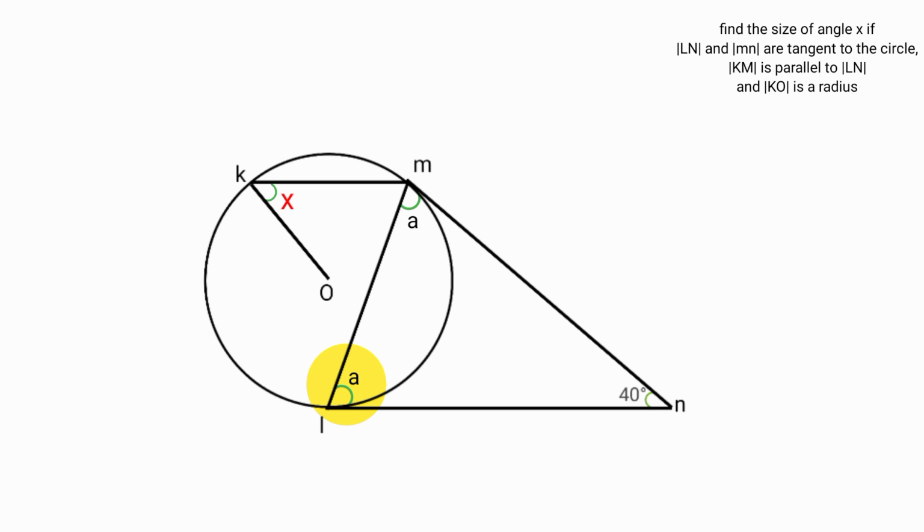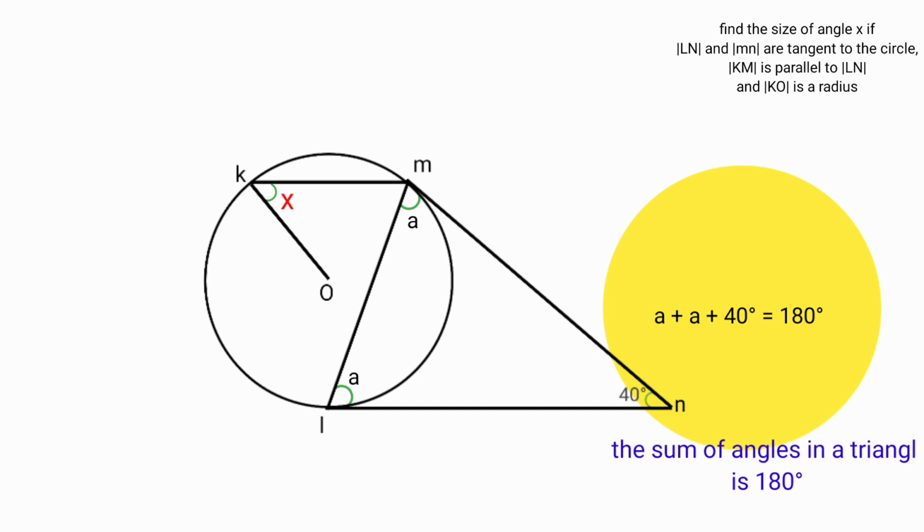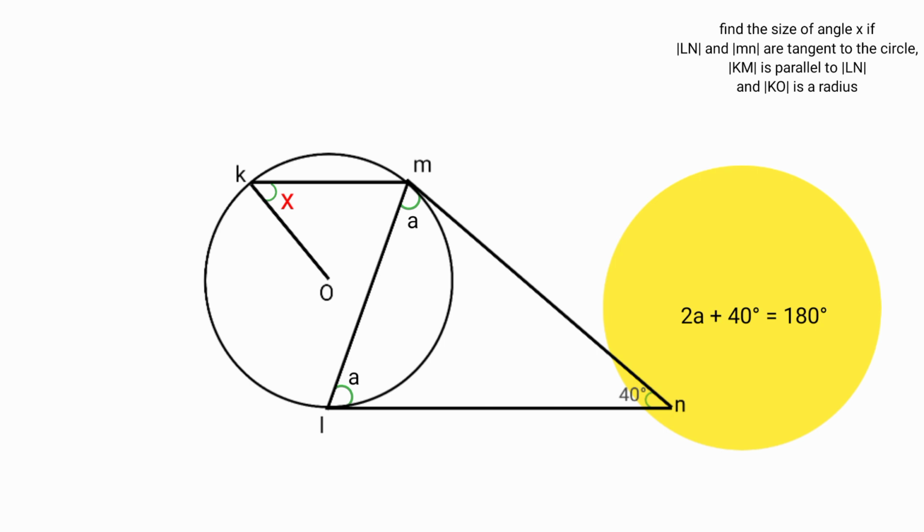Now since we know that the sum of angles in a triangle is 180 degrees, we can add up the angles of this triangle and equate them to 180. So now we have A plus A plus 40 degrees equal to 180 degrees. A plus A is 2A, so 2A plus 40 degrees equals 180 degrees.